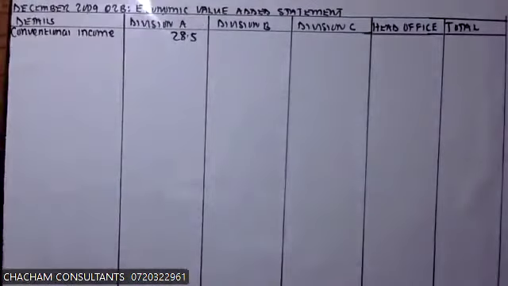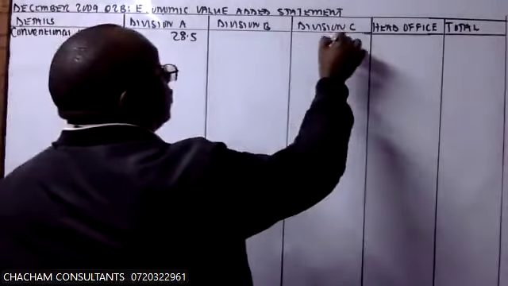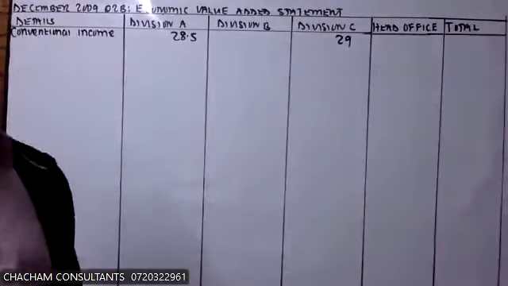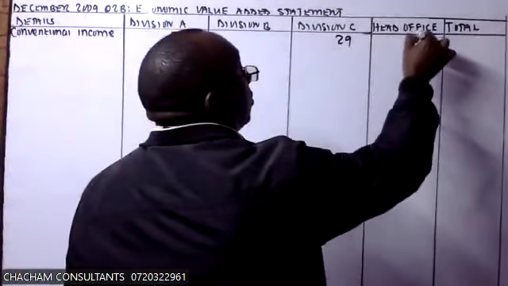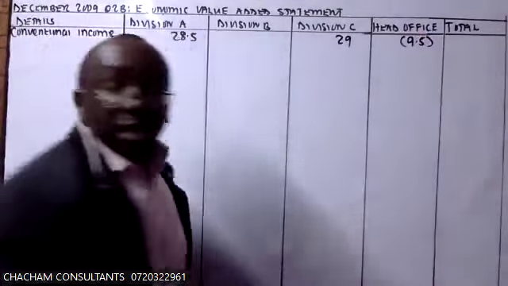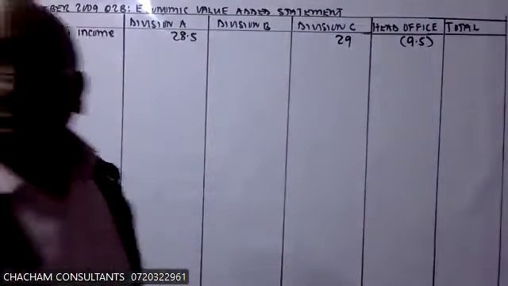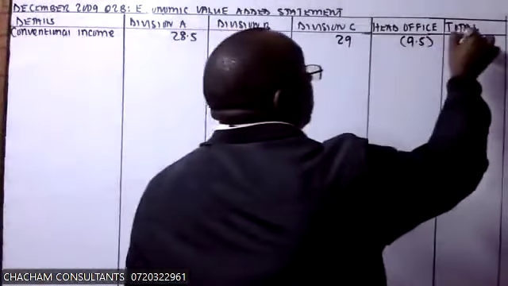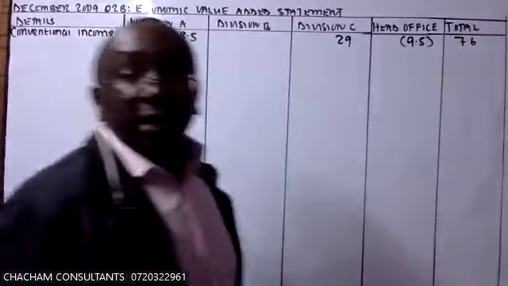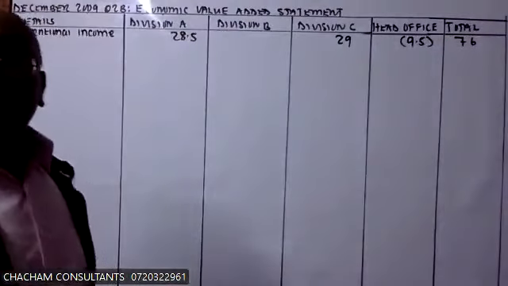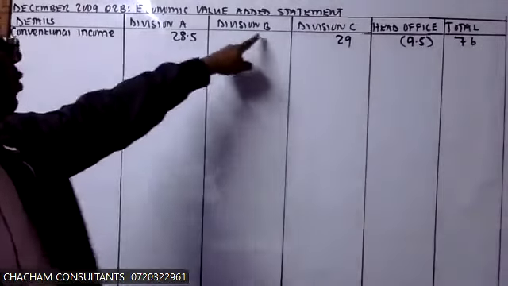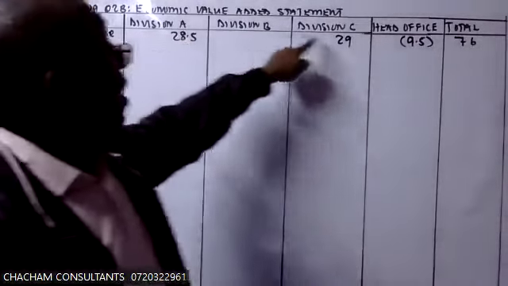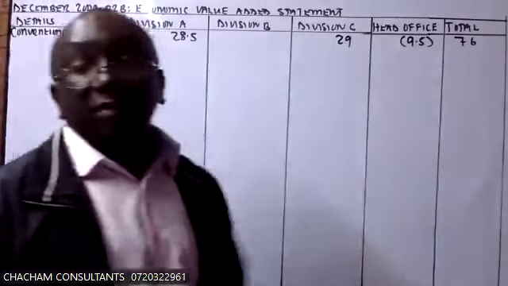Even on my printed copy it is the same. And this one is 9.5, and the total is 76. So just find out, that is a typo. Find out what this must be so that when you add this plus this plus this minus this, they give us 76.